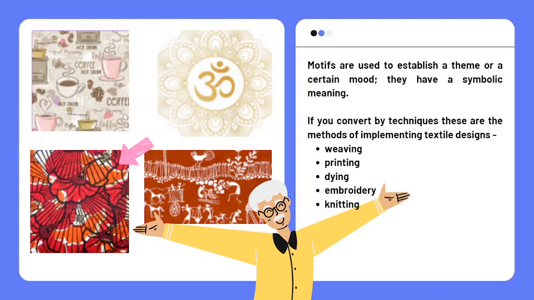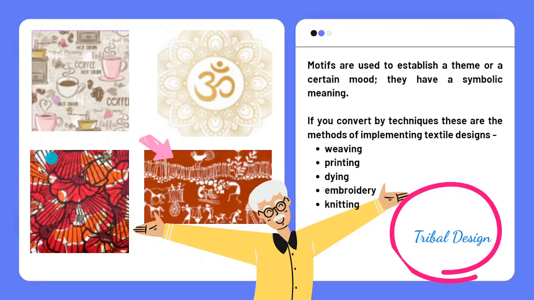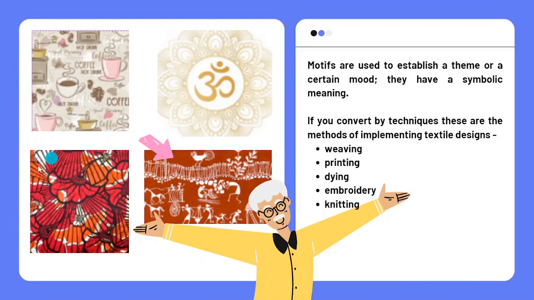It's actually an African design, a batik painting method which has been reproduced as a print design here. On the right hand side you can see some motifs which look like the Warli design, and this gives a very tribal feel to it.